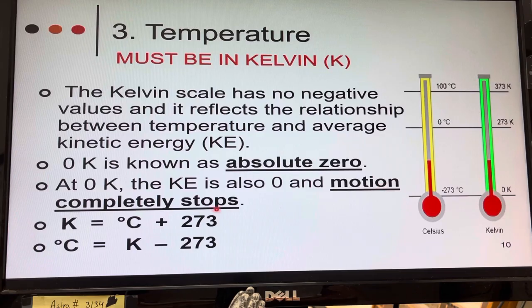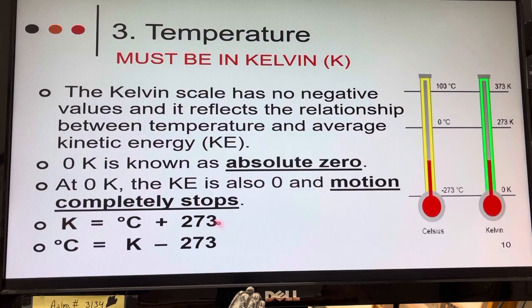Motion completely stops at 0 Kelvin. We have never been able to obtain this in a laboratory setting, because there's always some form of heat traveling somewhere. But you get the point.